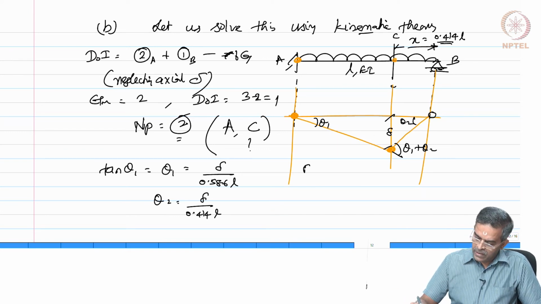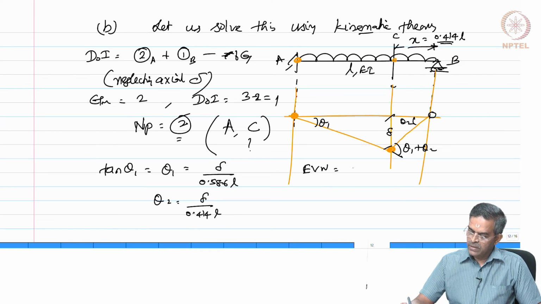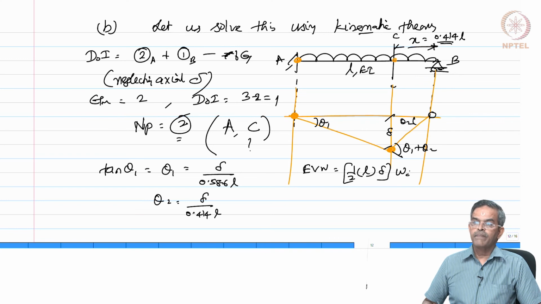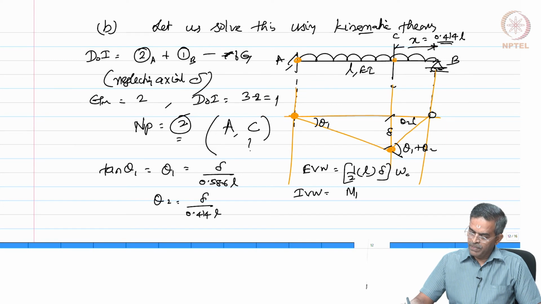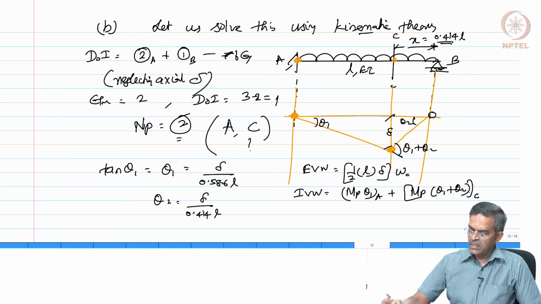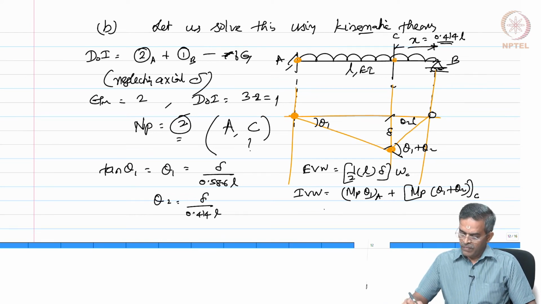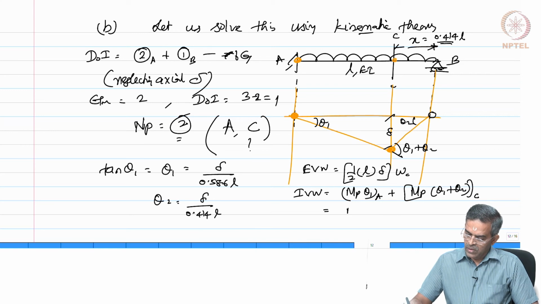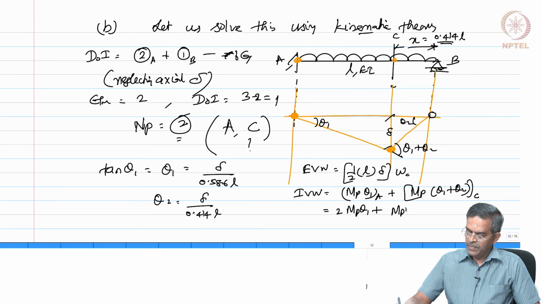So, let us say the external virtual work is half into base into height into WC. The internal virtual work is MP into theta 1 at A plus MP into theta 1 plus theta 2 at C, which will now be MP theta 1 plus MP theta 2.